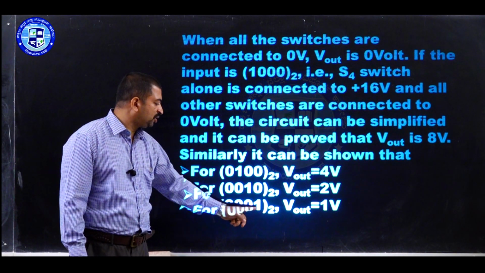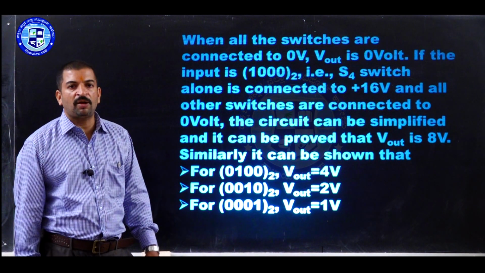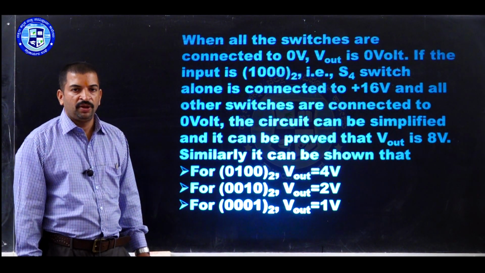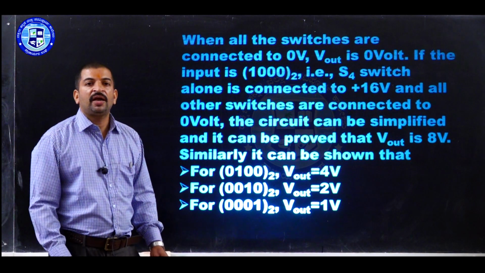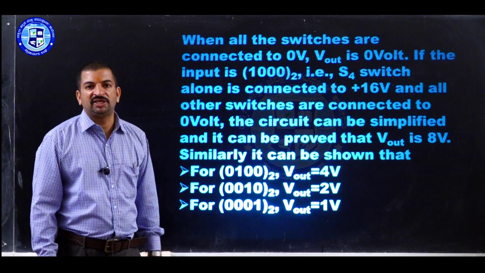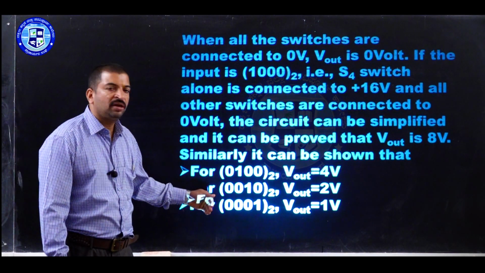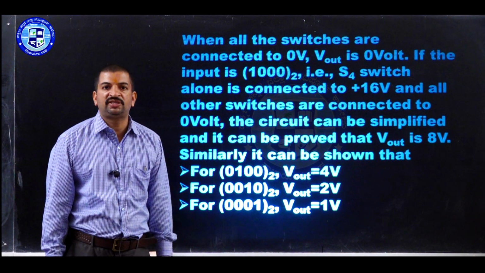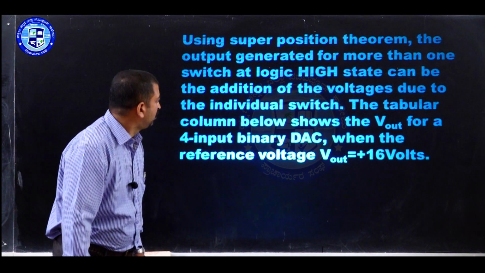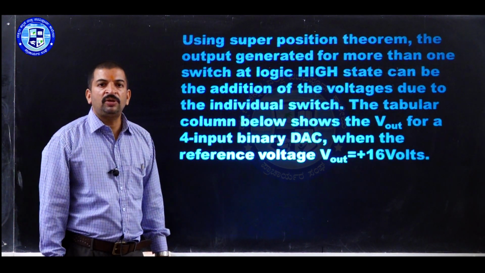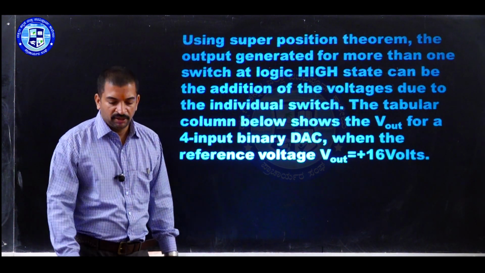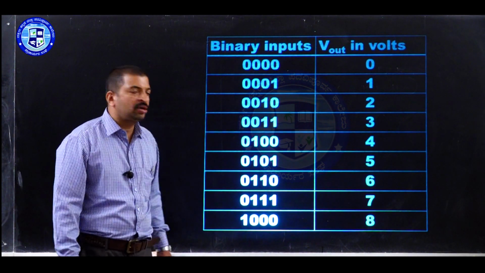For 0, 0, 0, 1 to the base 2, the output voltage becomes 1 volt. If more than one switch is connected to high state, it is possible to determine the output voltage by using the superposition theorem.